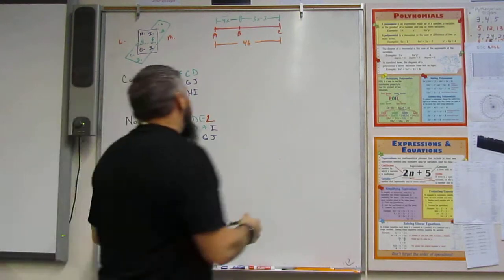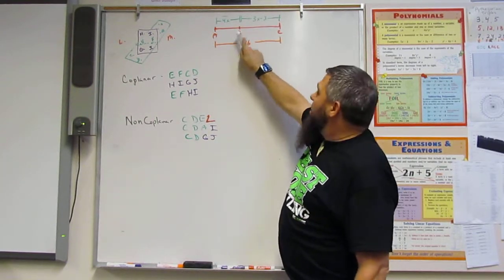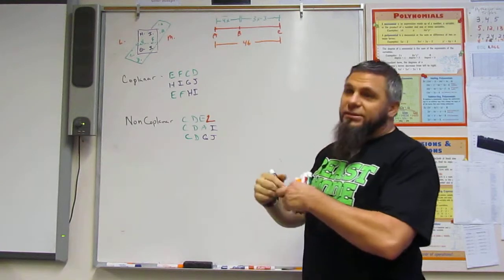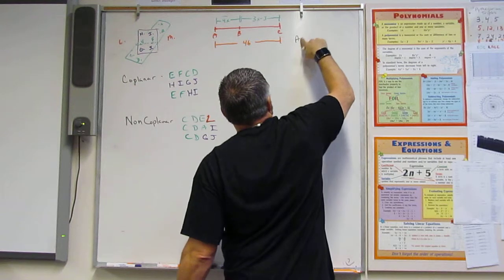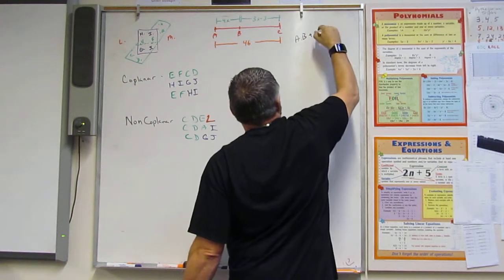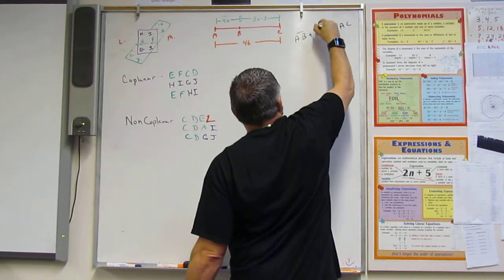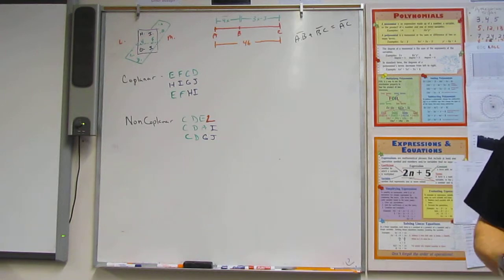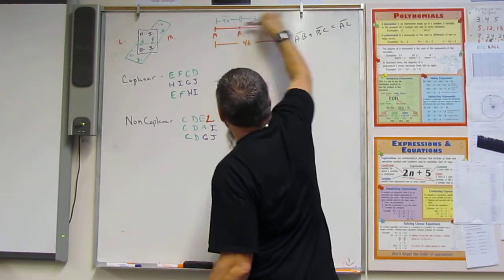The segment addition postulate is AB plus BC is AC. That's all that is. AB plus BC equals AC. It makes sense: this piece plus this piece equals this whole piece.